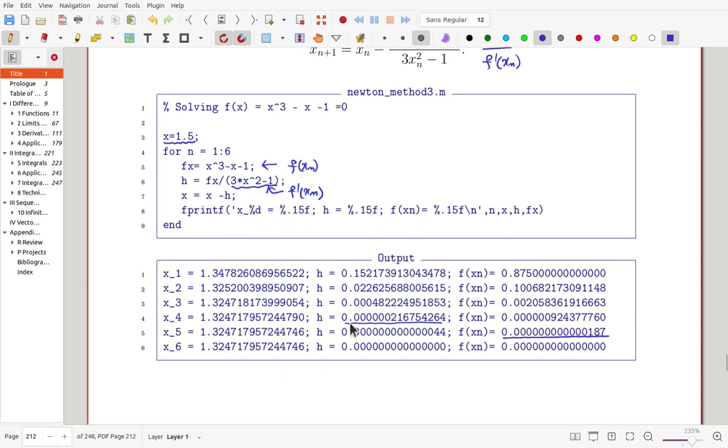We make a simple printout, but for that x4, it is already an updated value, and at the moment the correction value. Now fx is measured along with the earlier value, so the corresponding f value is that one.